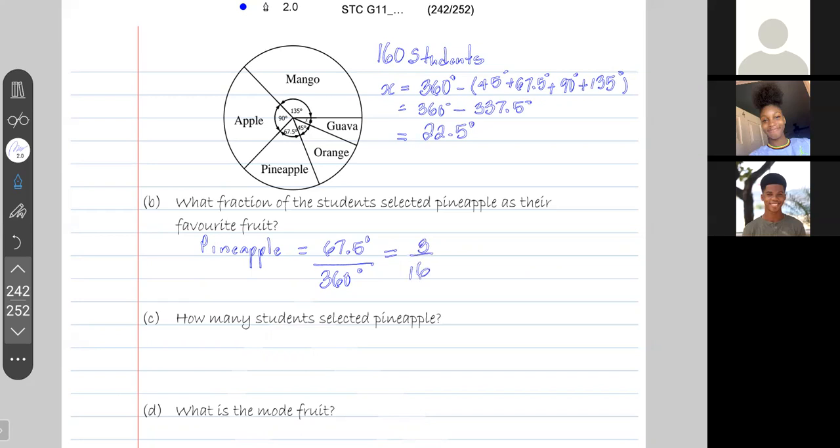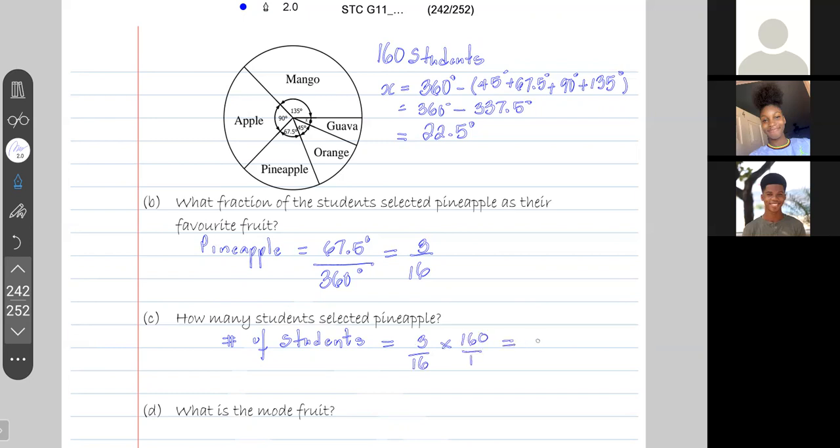So what fraction of the students selected pineapple as their favorite fruit? The answer is 3 out of 16. Then we're asked how many students selected pineapple. If you want to find the number of students, that would be 3/16 of the total number of students, which is 160.